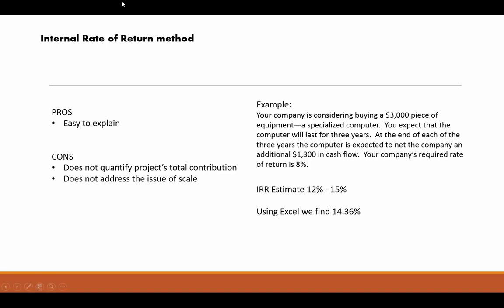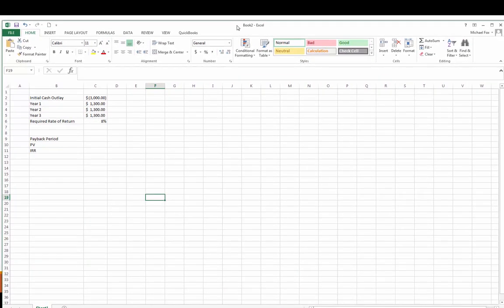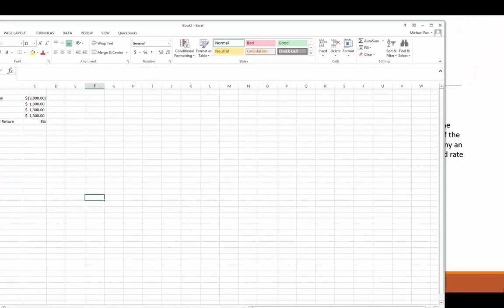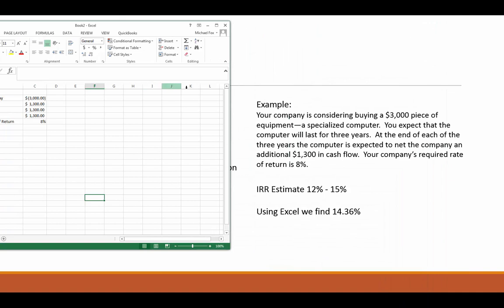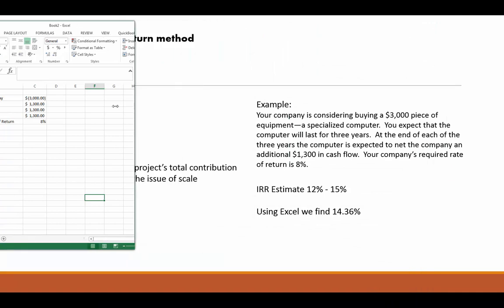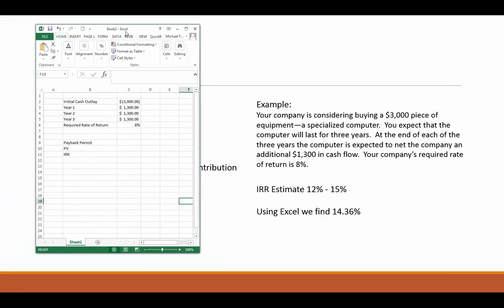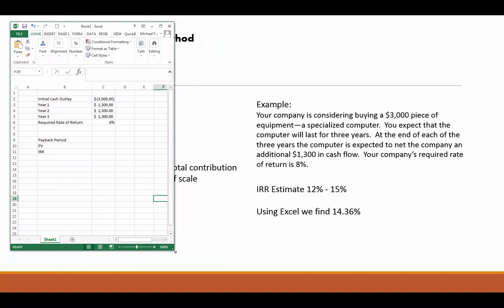All right, so here I'm bringing it over as an Excel spreadsheet I started earlier. Let me shrink it down a little bit to make it easier for you to see everything. There we go.